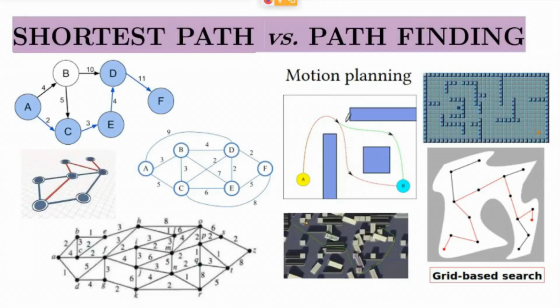Well, first of all, we need to make the difference between shortest path strategies versus the pathfinding algorithms, right? The main difference is that in shortest path problems, you have a starting graph like this here at the bottom, where you will find very well defined all the edges that connect all the nodes in the graph. That's the main idea. The shortest path problem has several options, several paths to follow.